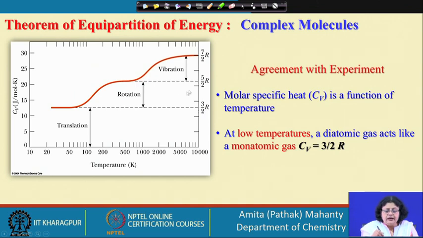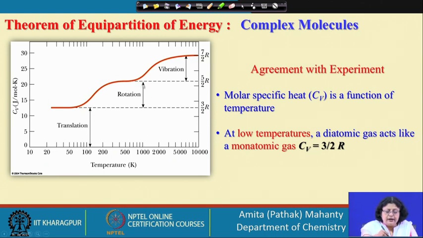So, when you have translation, only 3 modes are active. When you have rotation, we have 5, and when you have vibration, you have 7 modes active. This is what is seen experimentally, how CV changes with temperature, and on the temperature scale it is around 100 that you see this transition.